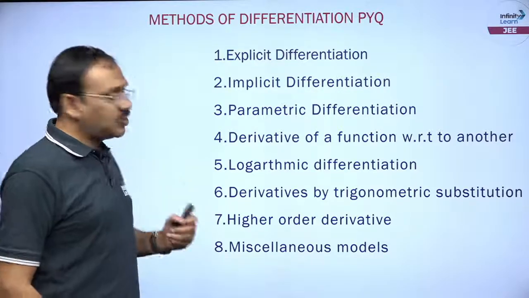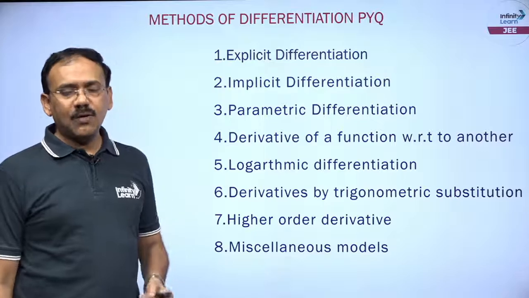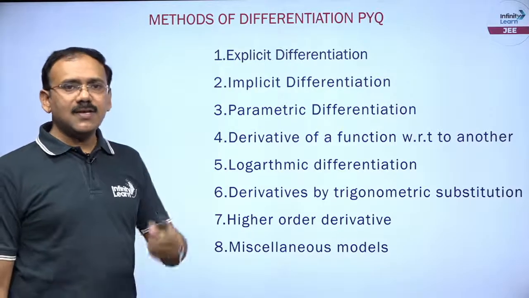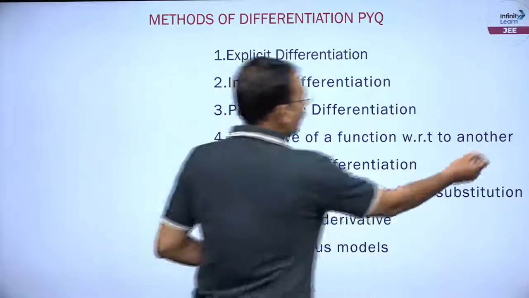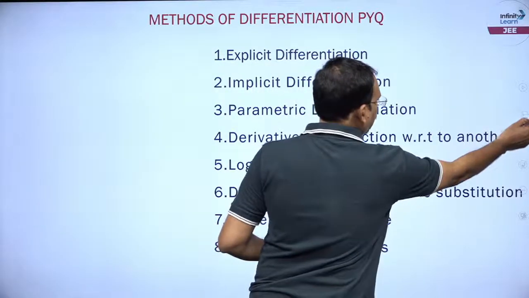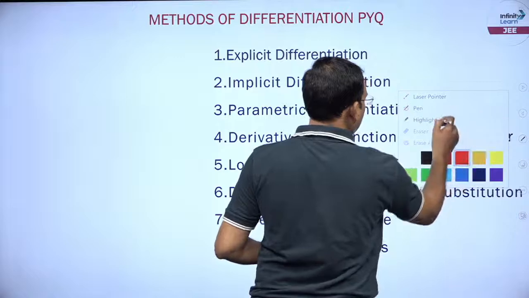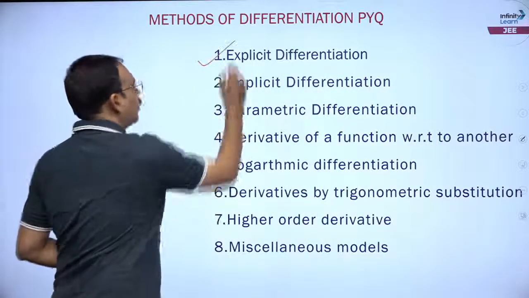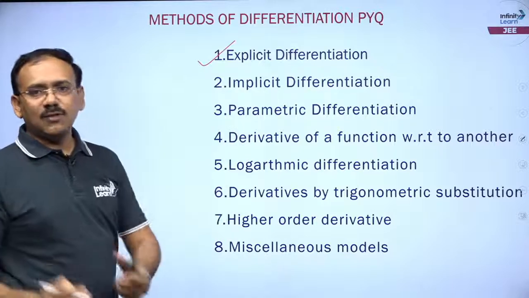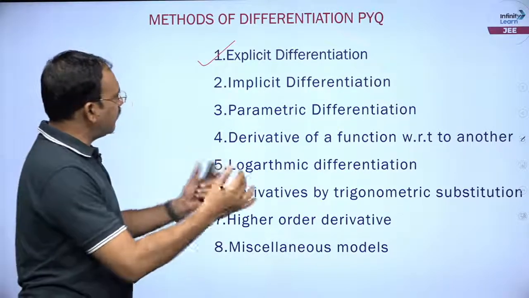Now, the question to find the derivative may be given in many ways. Based on our comfort, the first type of question is the explicit differentiation model. That means y is equal to some function will be given. This is the basic model.